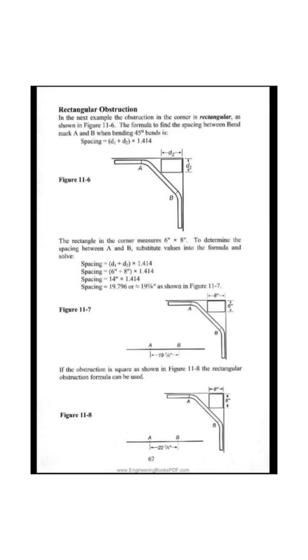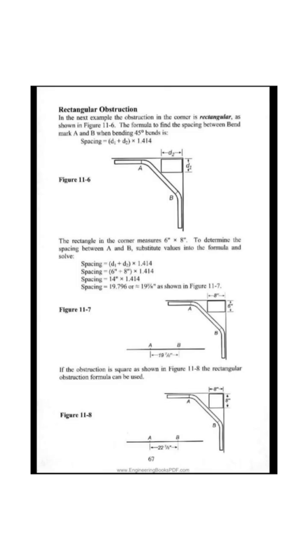To determine the spacing between A and B, substitute values into the formula and solve. Spacing equals (6 plus 8) inches times 1.414. Spacing equals 14 inches times 1.414. Spacing equals 19.796, or 19 7/8, as shown in figure 11-7.